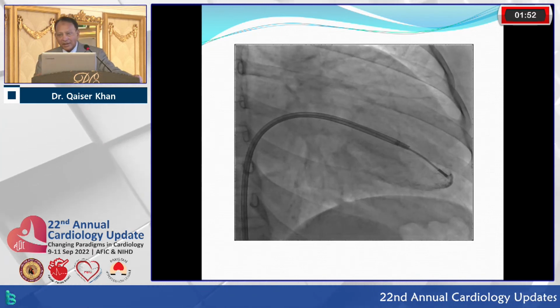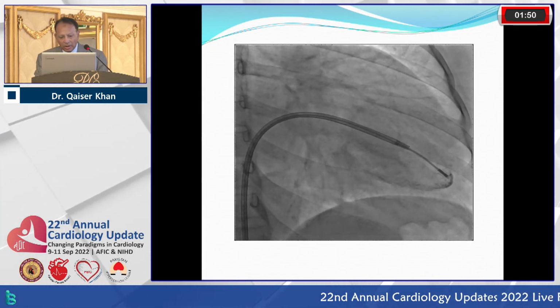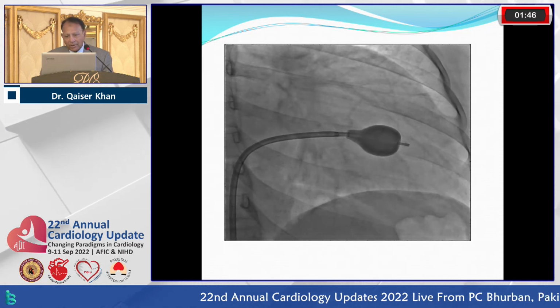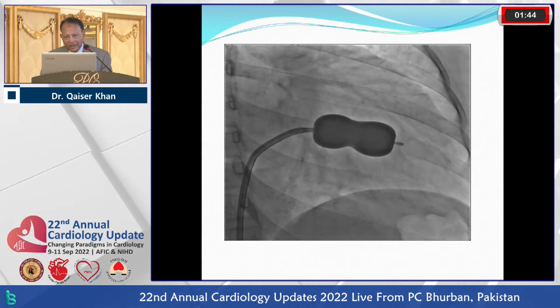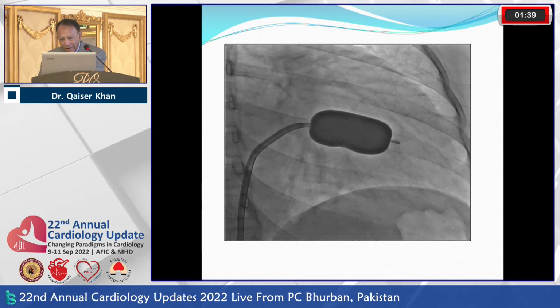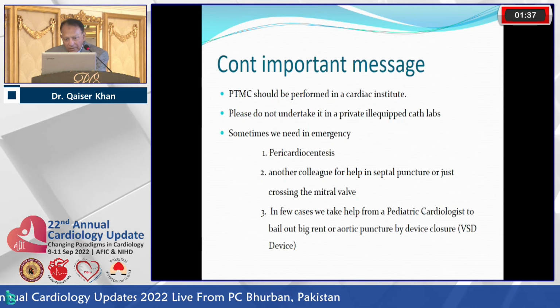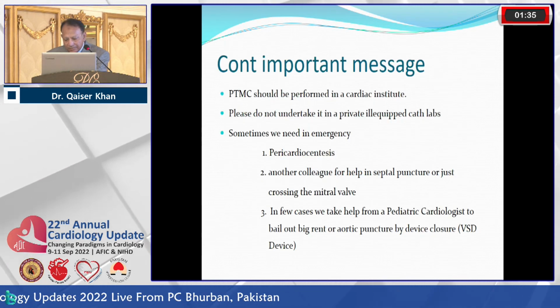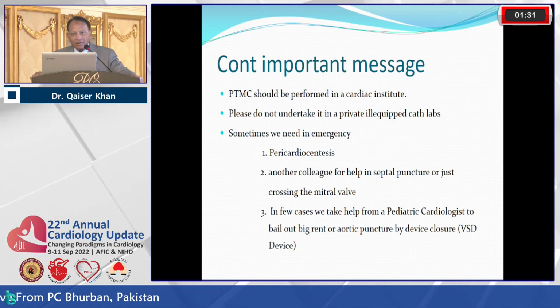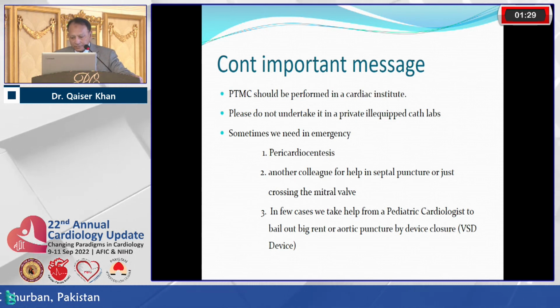So this is our technique, which is not written in any book. Now we are sure that we are in the LV. We are not across the mitral valve. Here, when you combine Suhail's innovation, at the same time you pinpoint correctly that your position across the mitral valve is accurate.